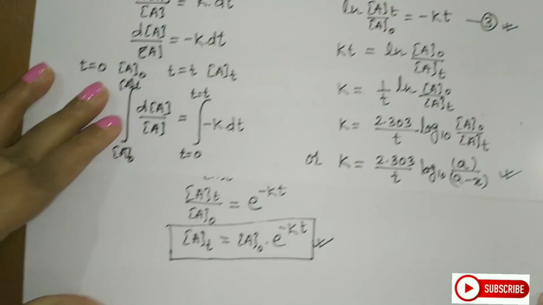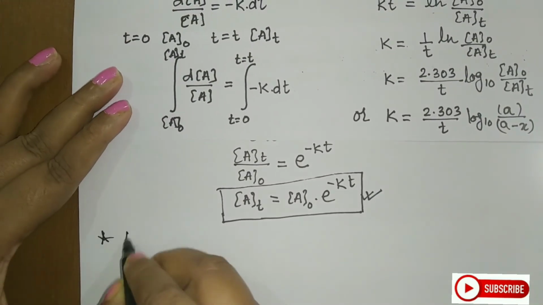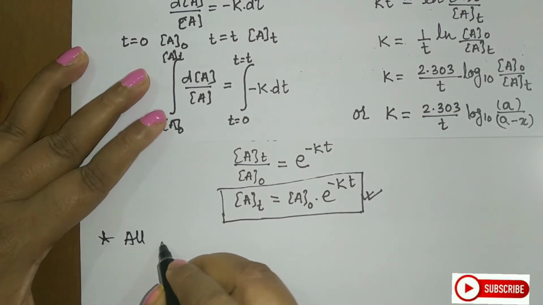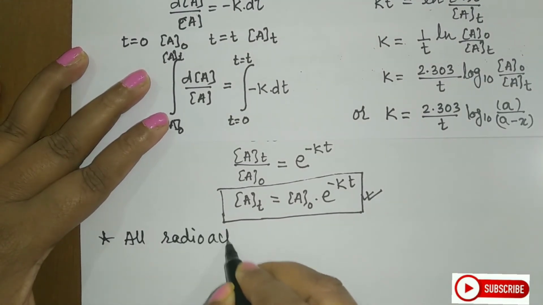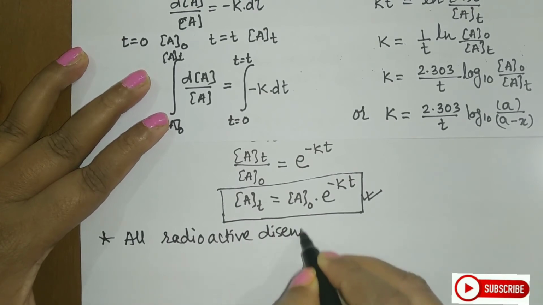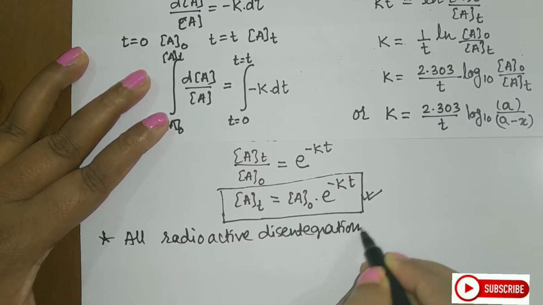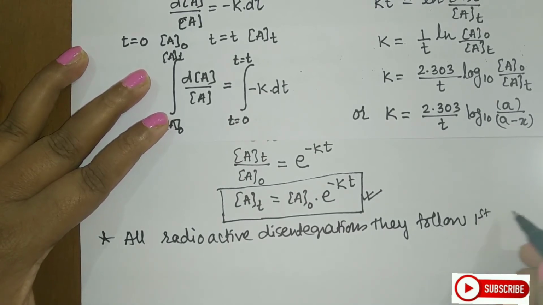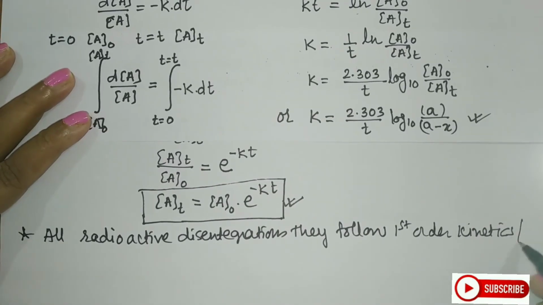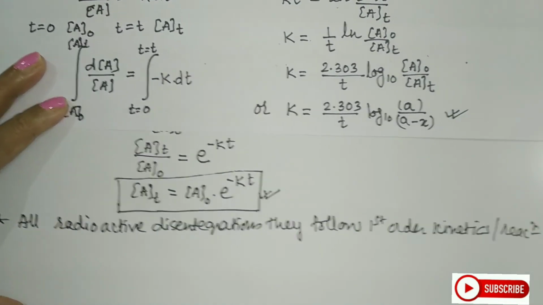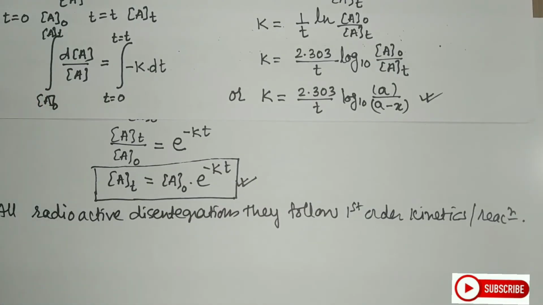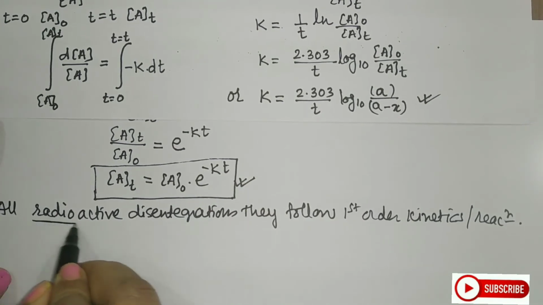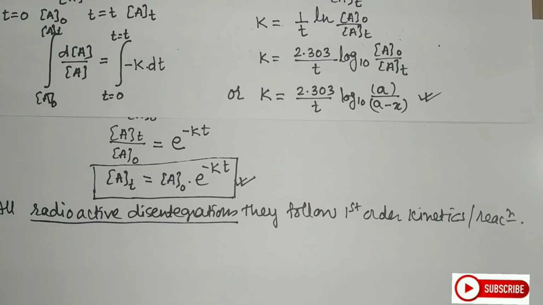Now students, it's very important to mark that all the radioactive reactions, that is, the radioactive disintegrations, they follow first order kinetics or first order reactions. So they all depend upon the initial concentration of the reactant which is present, and this is what you have to remember, that all radioactive disintegrations follow first order kinetics.